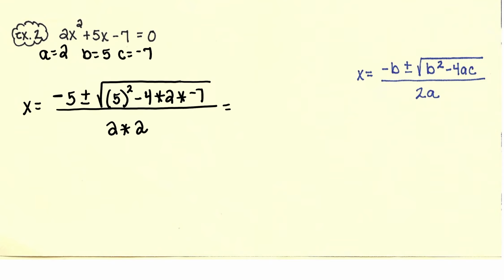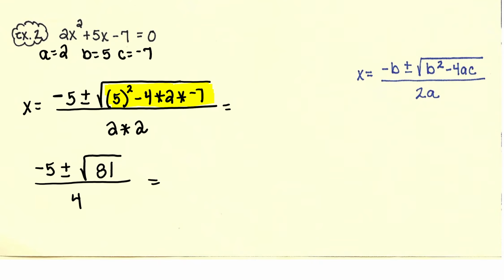Okay, so I'm going to have negative 5 plus or minus. Now, draw the square root, but then go to your calculator and type that in perfectly like you see it to see what value is under the square root. In this particular case, I'm going to get 81 all over 4.